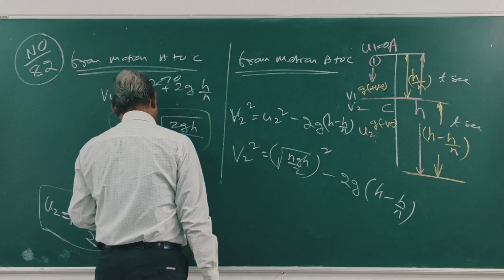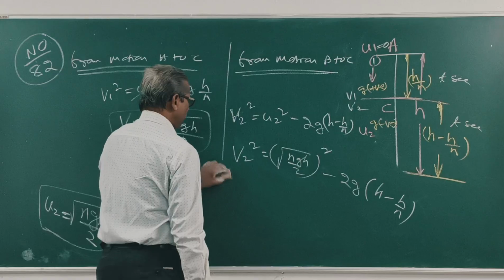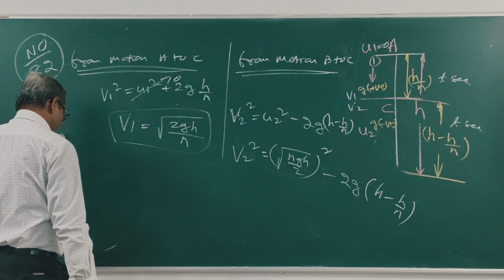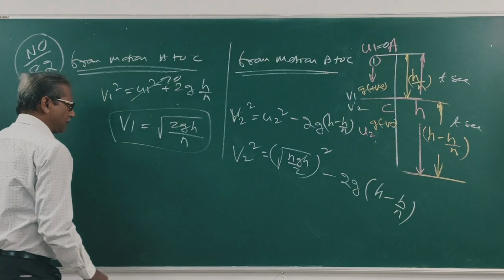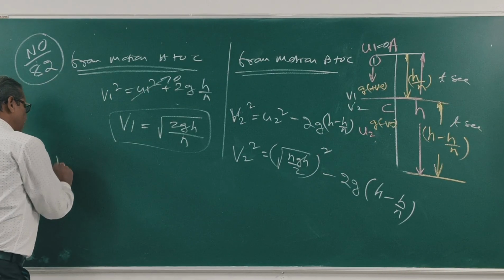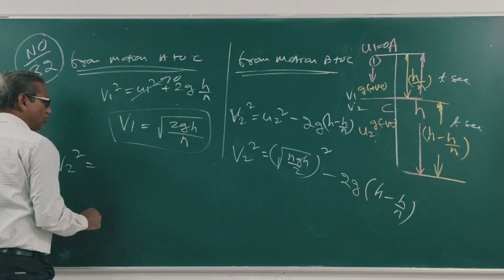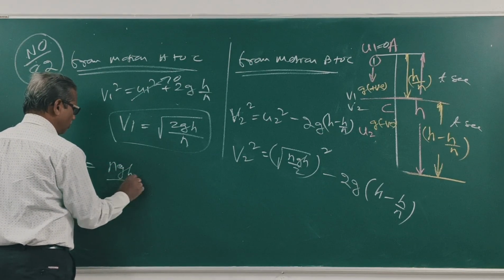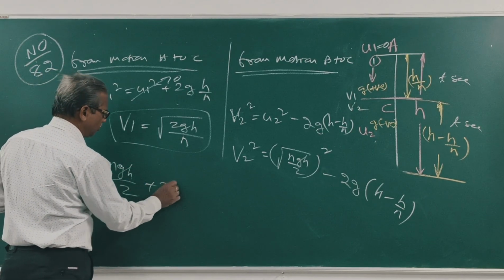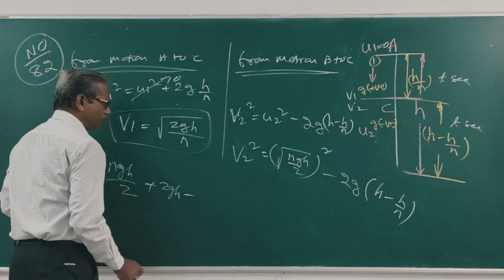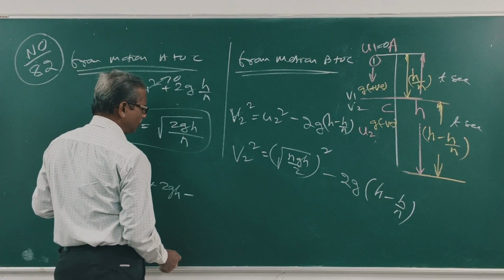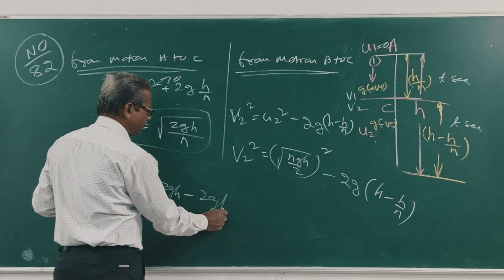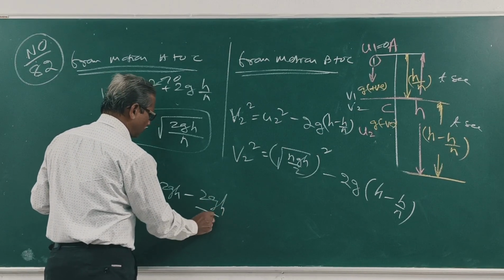This is equal to, v2 square is equal to ngh by 2 plus 2gh by n minus 2gh.